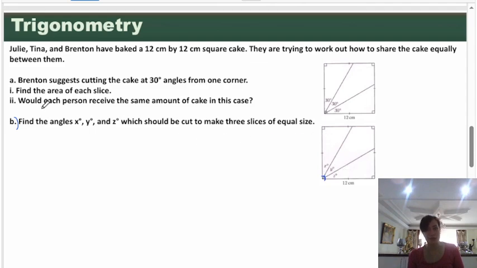So for these pieces and these pieces, I have to find the same angles because the bases are equal, the heights are equal, and we will find the same angle.